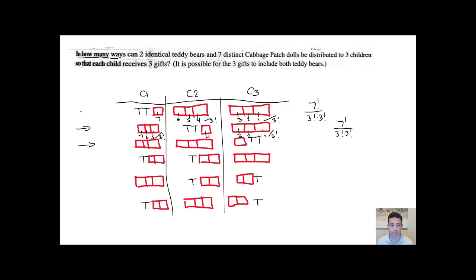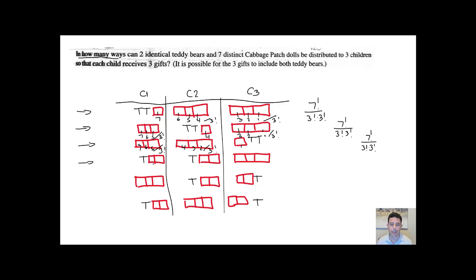So we did this one, now this one. 7, 6, 5, 4, 3, 2, and then 1 possibility here. Remember, this divided by 3 factorial, this divided by 3 factorial. So this would be 7 factorial divided by 3 factorial times 3 factorial.